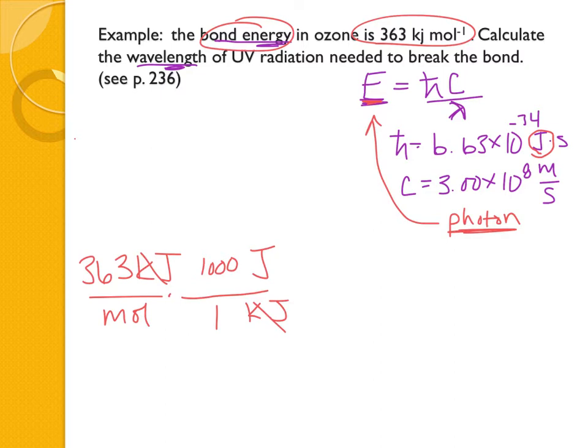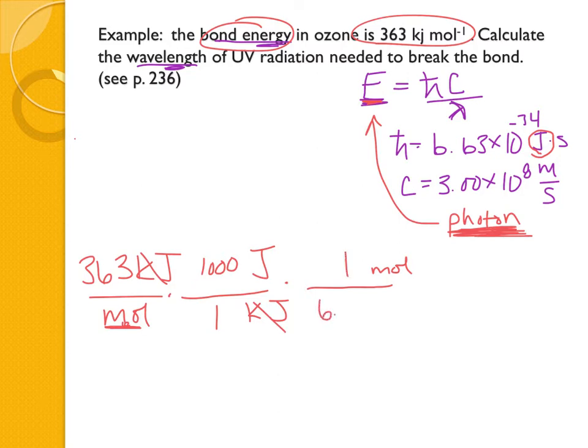Now here's the hard part. We need the energy of a photon on the right, and on the left right now we have energy per mole. How do I get rid of units that I don't want? I make them cancel. If I have mole on the bottom, I put mole on the top. Now the question is, what would I convert moles to? Remember Avogadro's number explains how many particles of anything is equal to 1 mole.